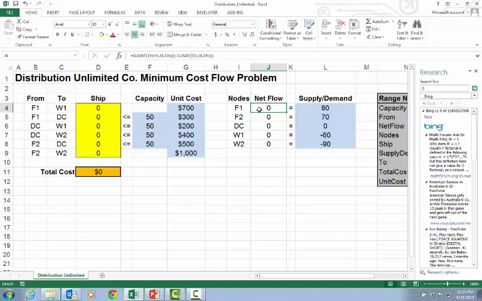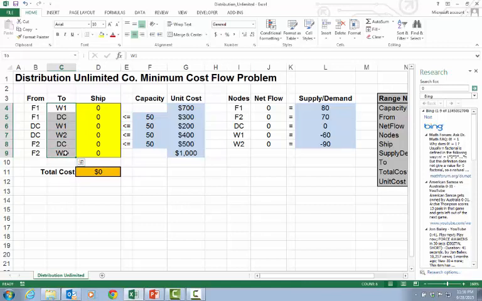Well, it turns out there's 2 arcs that are coming out of factory 1, so it's going to sum those up to represent the amount coming out of that node. But you'll notice there are no arcs that are coming into factory 1.